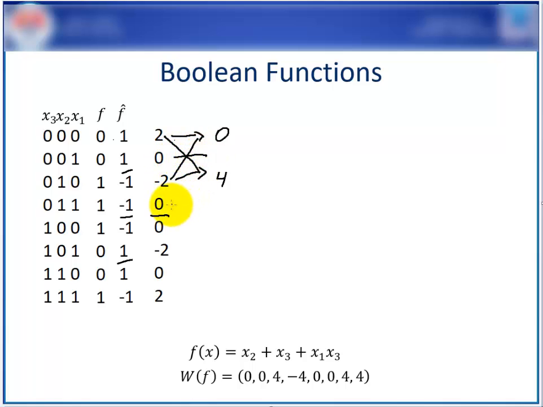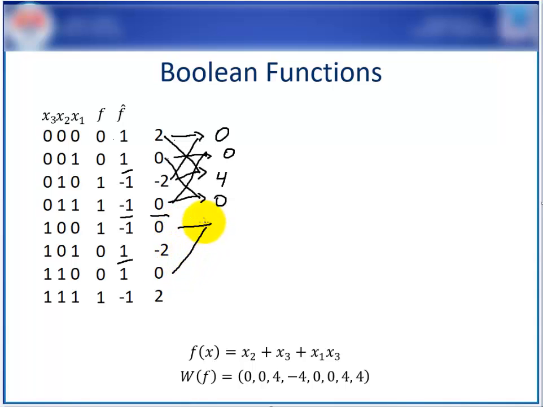Adding these two elements, we obtain 0. Subtracting this element from this element gives us 0. Let's do the same calculation for the second part of our vector.